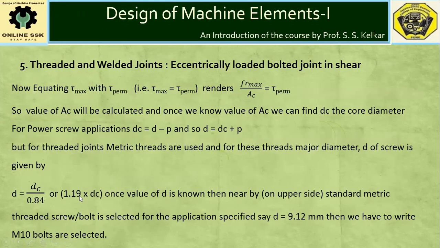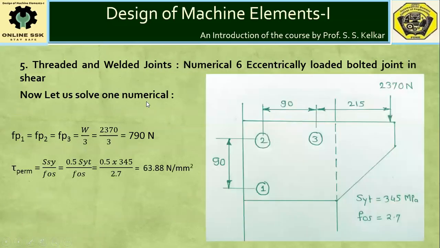Core diameter when multiplied by 1.19 or divided by 0.84 gives the nominal diameter of the bolt required for that particular assembly, and based on this value of d, the next standard M value of the bolt will be specified as the bolt selected for this particular assembly.